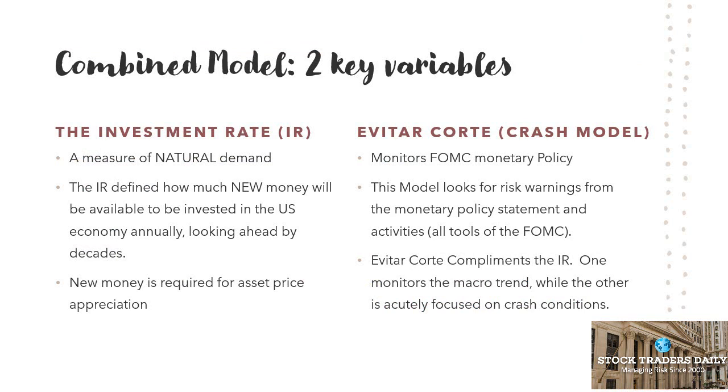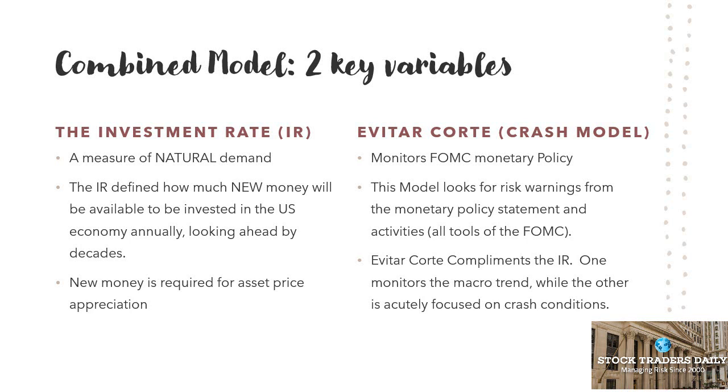The first one is the investment rate. The investment rate is a derivative demographic analysis of lifetime investment cycles based on ingrained societal norms extrapolated across our population to define the rate of change in the amount of new money available to be invested into the U.S. economy annually, dating back to 1900 and extending out by decades.